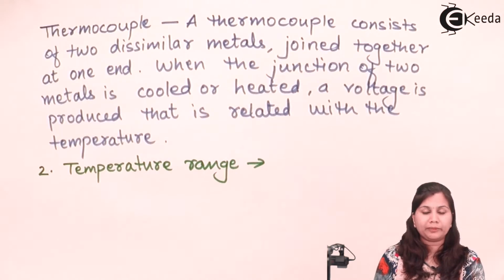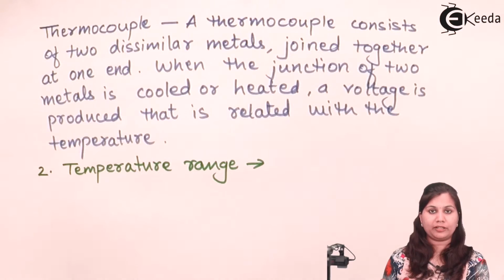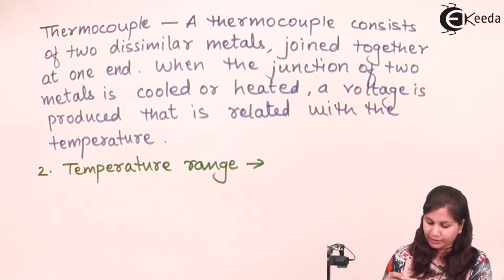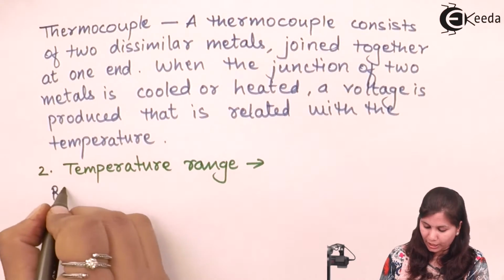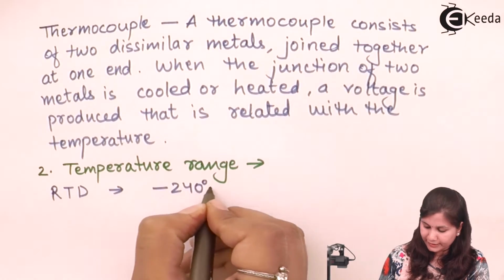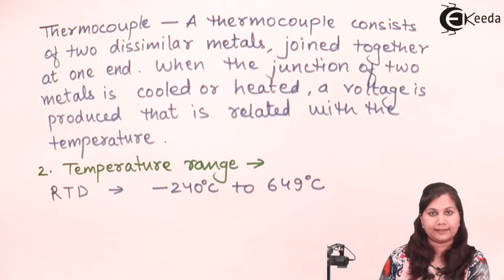Now, the range of temperature which can be measured with these three transducers is different. It means at different temperature ranges, different temperature transducers will be used. If we see the temperature range for RTD, it is minus 240 degrees Celsius to 649 degrees Celsius.